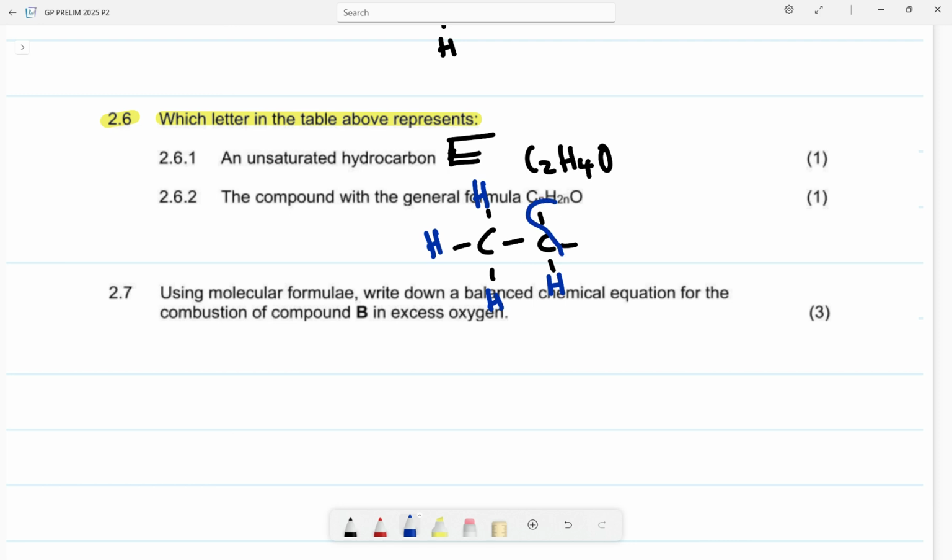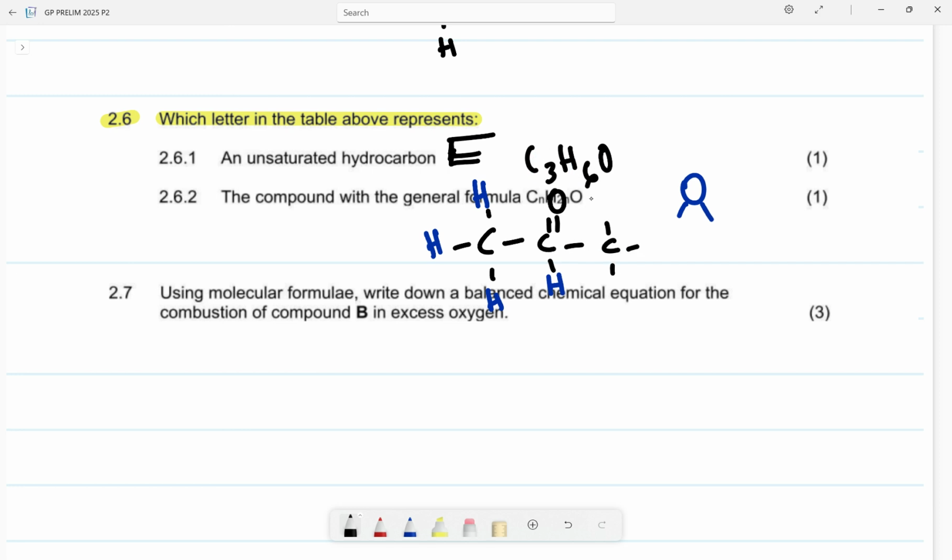But I still have these single bonds waiting here. And I only have oxygen. But remember, oxygen can accept 2. So this one I'm going to break and make a double bond, and then that is O. So this one, can you see? It's either a ketone or an aldehyde. Why? Because even if I were to do this, it will just change here.